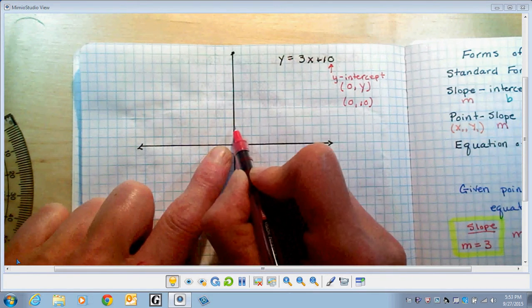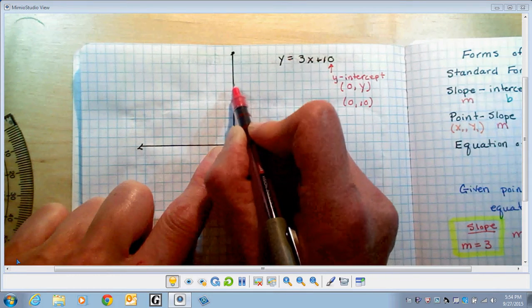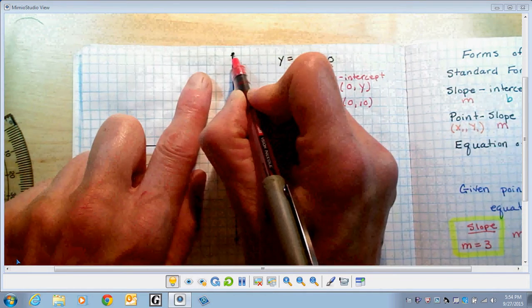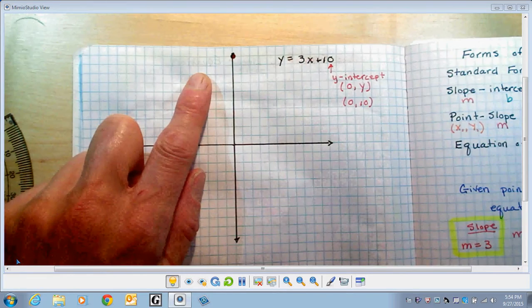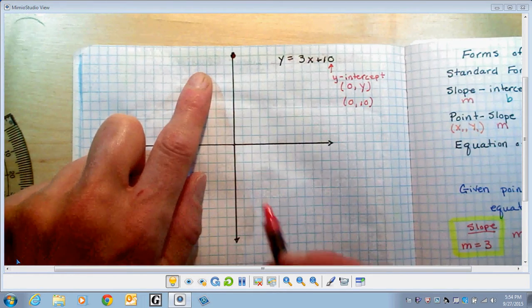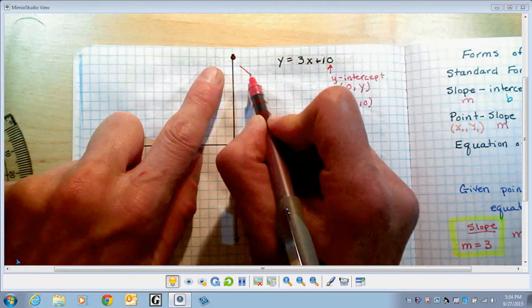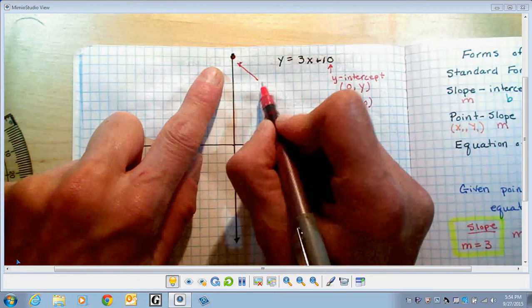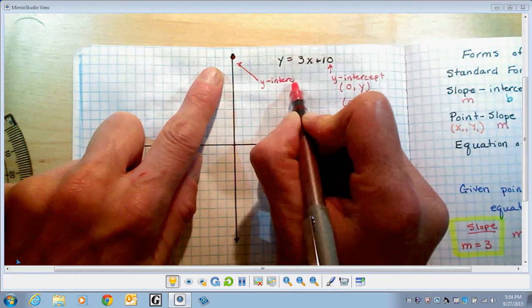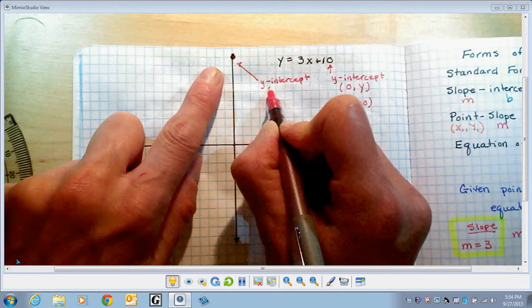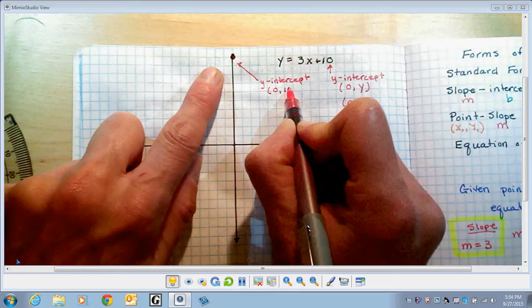So this is 1, 2, 3, 4, 5, 6, 7, 8, 9, 10, which is right here. So that right there is my y-intercept. So why don't I just go ahead and mark that, because that's one thing that I need to do. That right there is my y-intercept, and it is a point 0, 10.